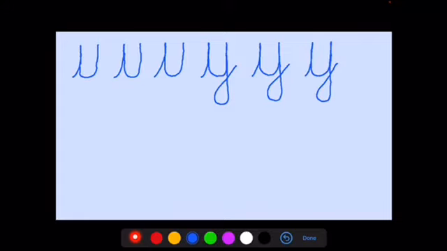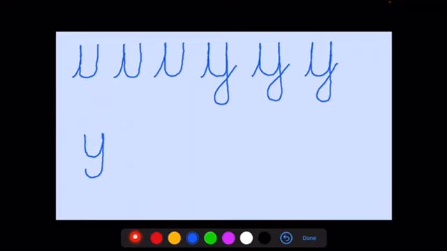Now let's try a printed letter Y. You leave out the lead-in stroke: down, curl under, up, down over the top, and the curl under mirrors this shape.